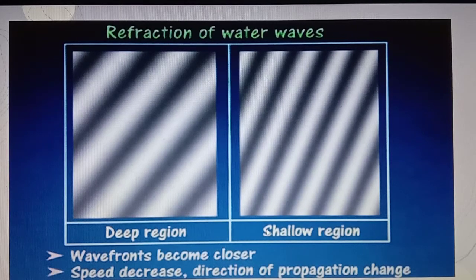When depth decreases, the speed decreases. When speed decreases, it will cause a change in the direction of propagation. Due to the change in direction, that's the reason why the wavefronts become closer in the shallow region.